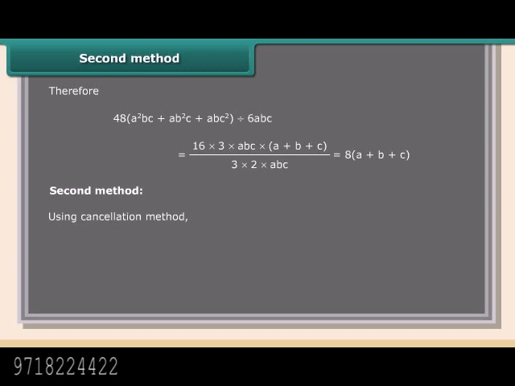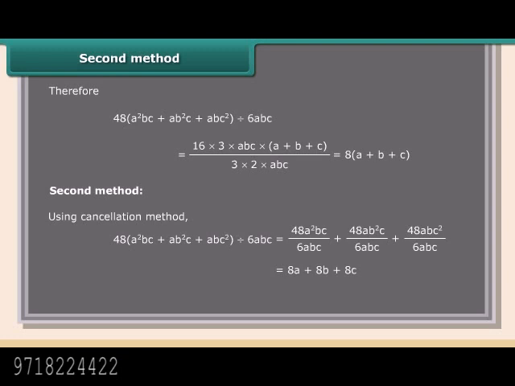Using cancellation method. 48a squared bc plus ab squared c plus abc squared divided by 6abc is equal to 48a squared bc upon 6abc plus 48ab squared c upon 6abc plus 48abc squared upon 6abc is equal to 8a plus 8b plus 8c is equal to 8 into a plus b plus c.